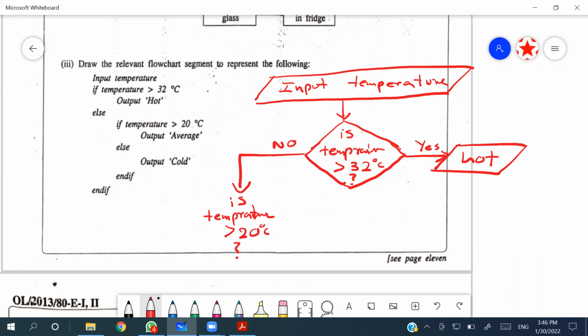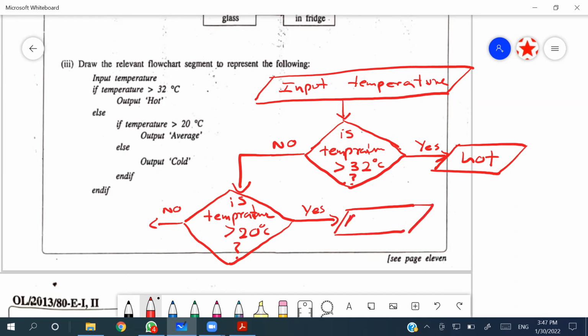Question mark should be there. So it has a yes and no part. So if it is yes, you have to output average. If not, you have to output cold.